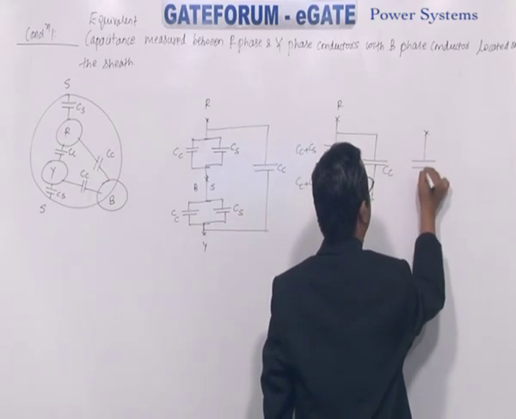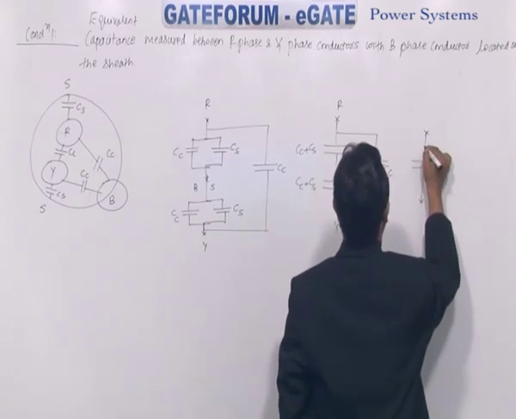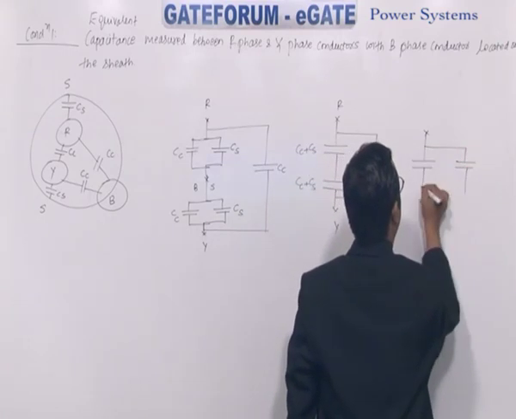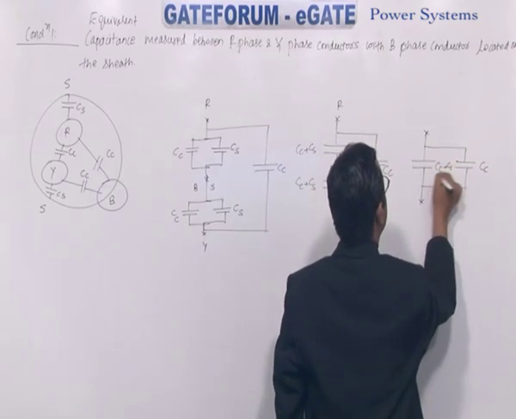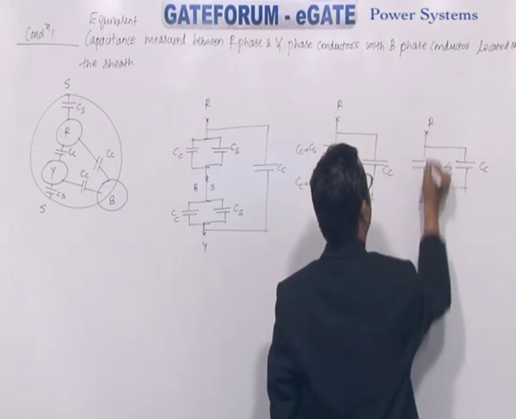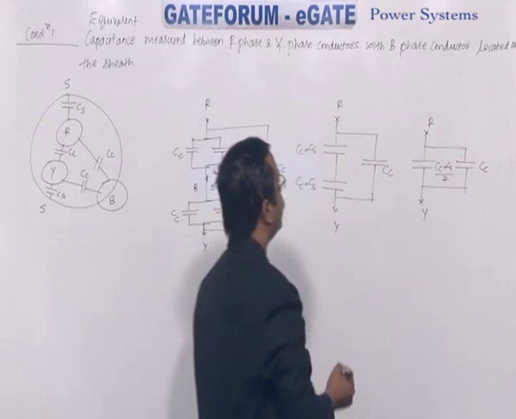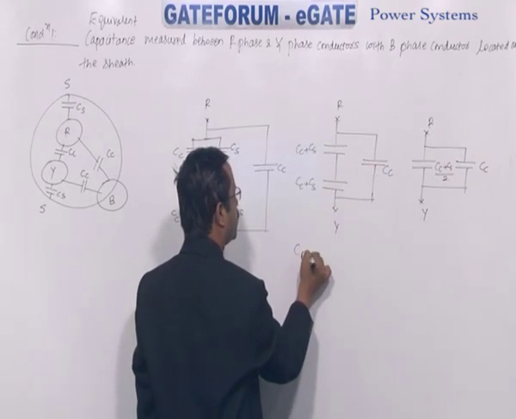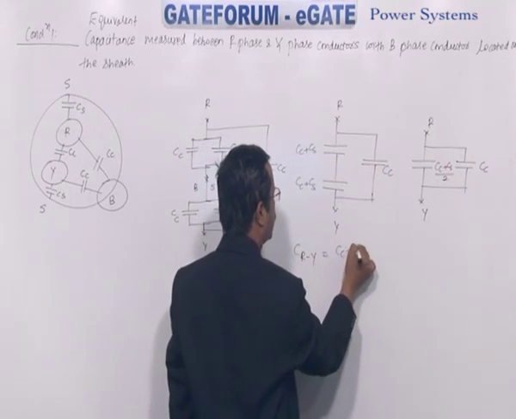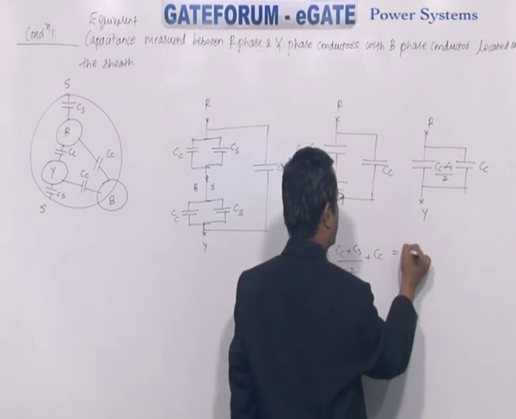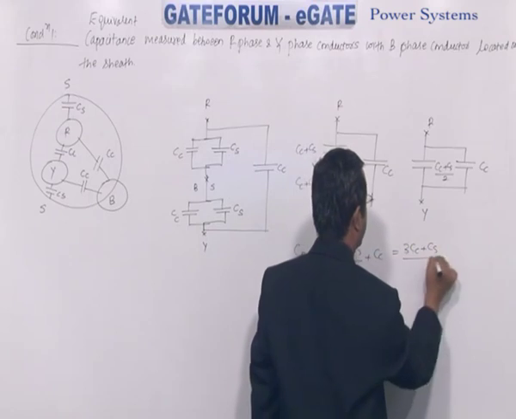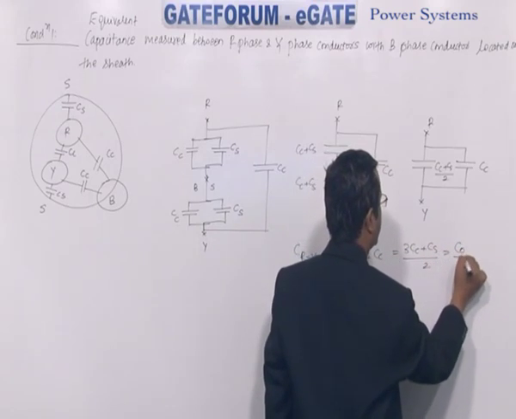If capacitors are in series, what you will get? (CC plus CS) by 2. And finally the capacitors are in parallel. Again you add them. So how much? (3CC plus CS) by 2, that is C0 by 2.